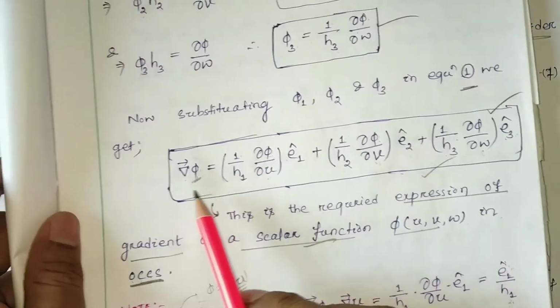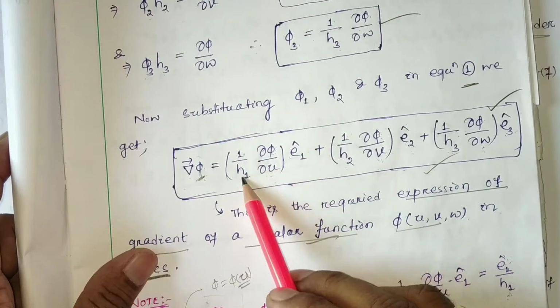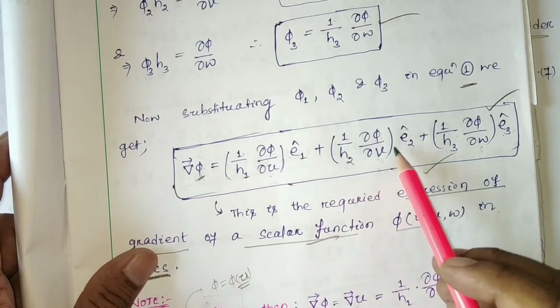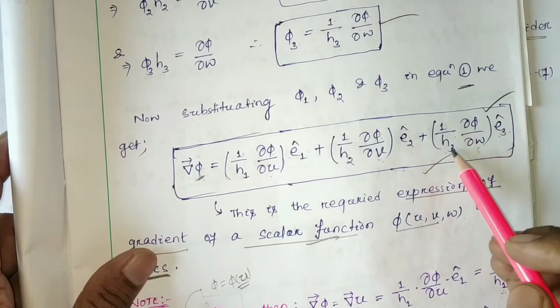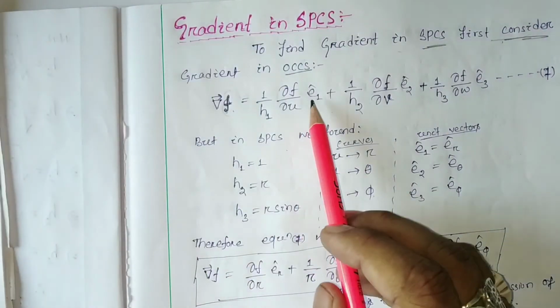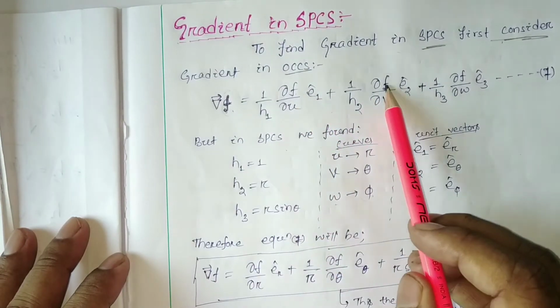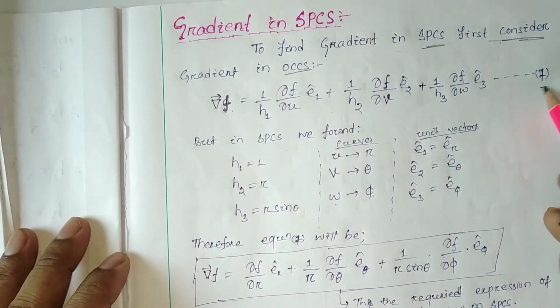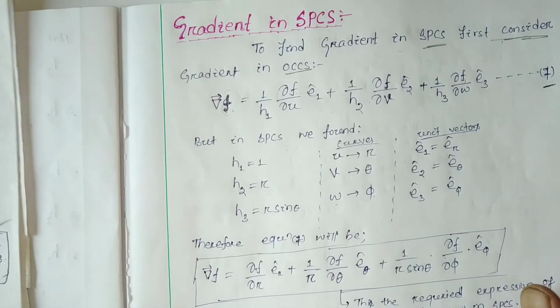So here del f is nothing but 1 by h1 del by del u of f e1 cap, plus 1 by h2 del by del v of f e2 cap, plus 1 by h3 del by del w of f e3 cap. Let this be your equation number 7 for this discussion.